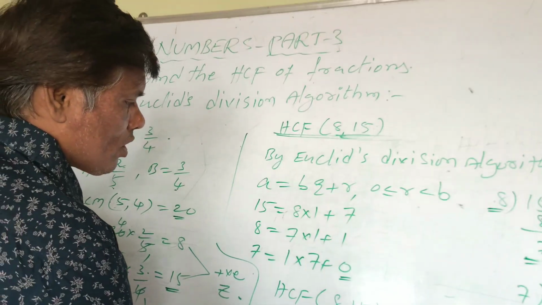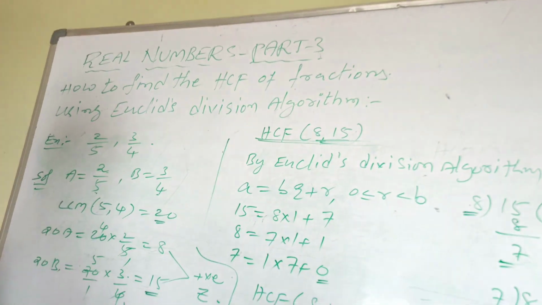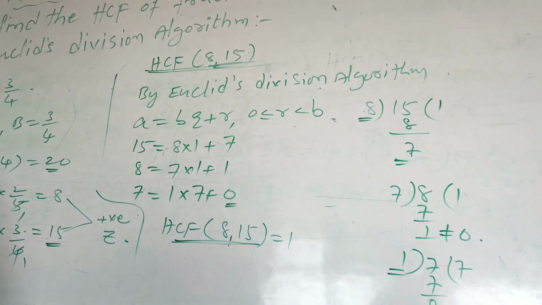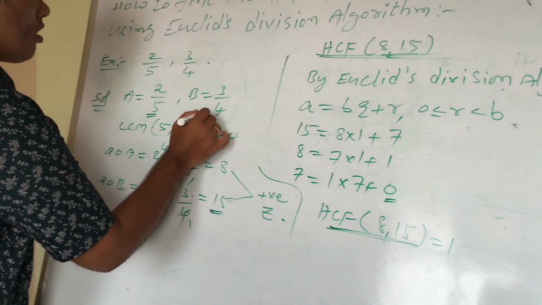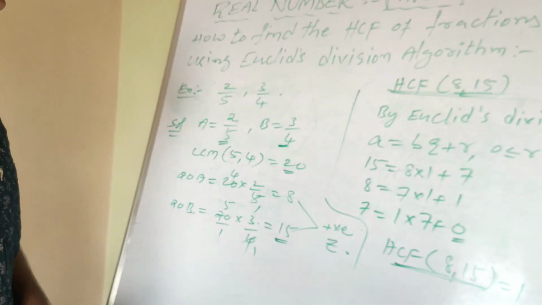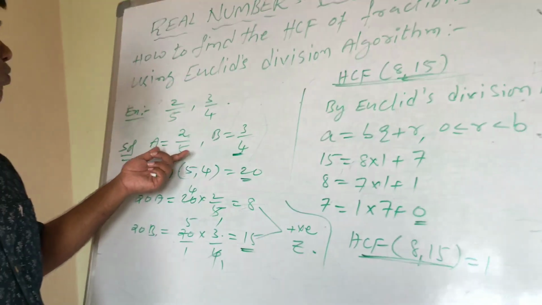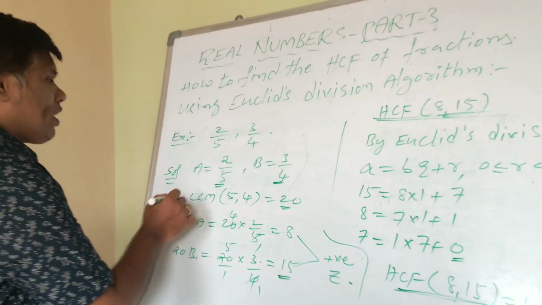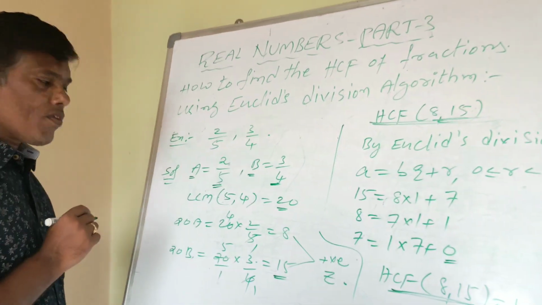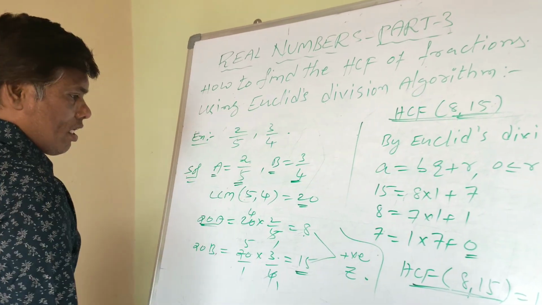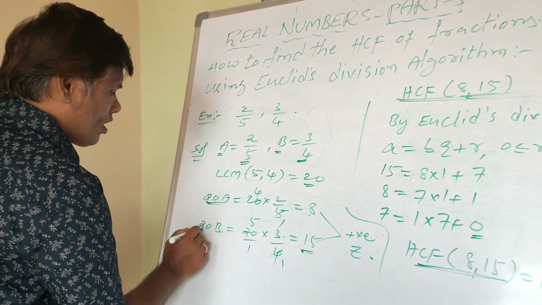Okay, the HCF of 8, 15 is equal to 1. But actually we have to find the HCF of 2/5 and 3/4. They did not ask us to find the HCF of 8, 15. We have to find the HCF of a, b, where 8 is nothing but 20a and 15 is 20b.